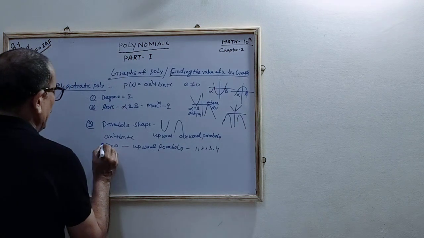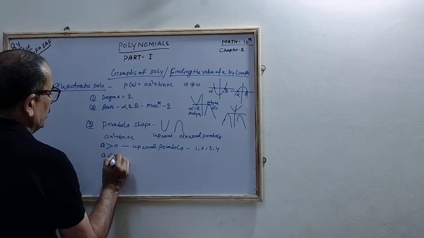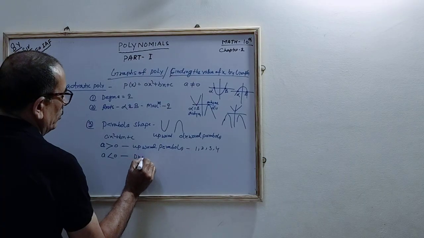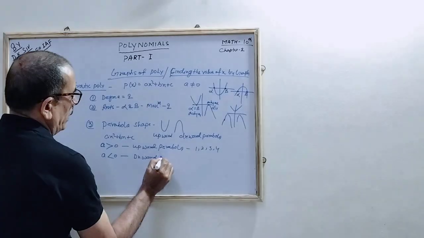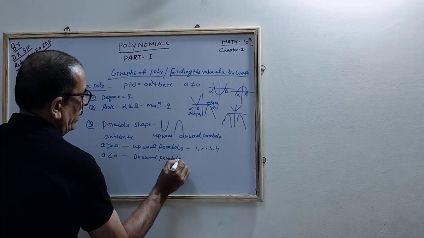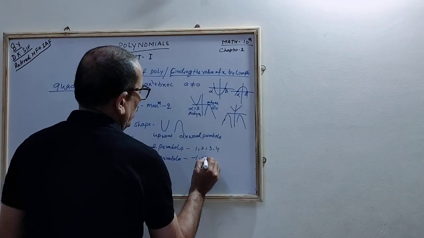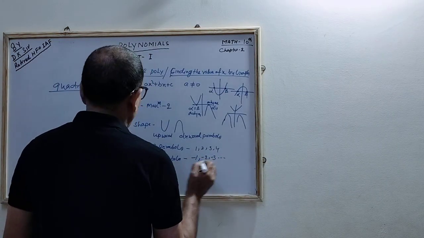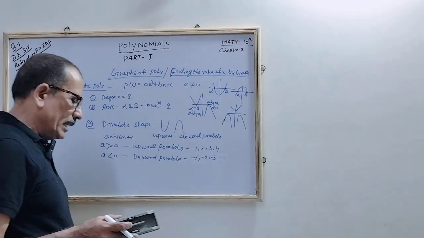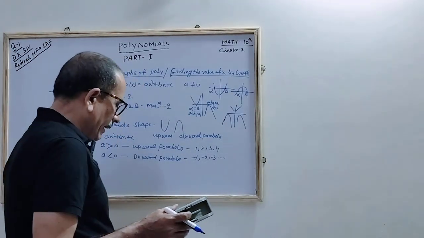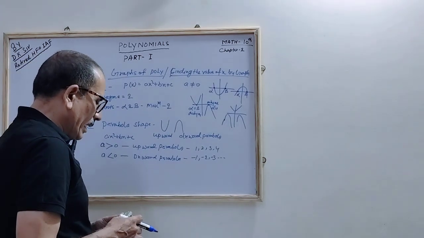If a, the coefficient of x square, is lesser than 0, then it will be a downward parabola, where the coefficient a will be -1, -2, -3, etc. So you understood the third point: whether the parabola is upward or downward. That is the way, without drawing, you can find.